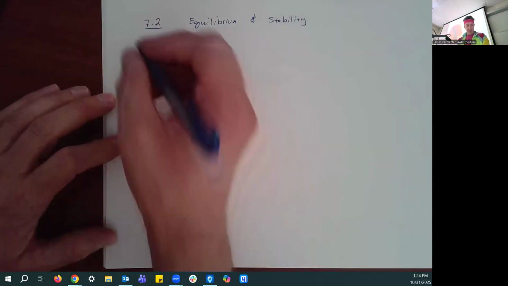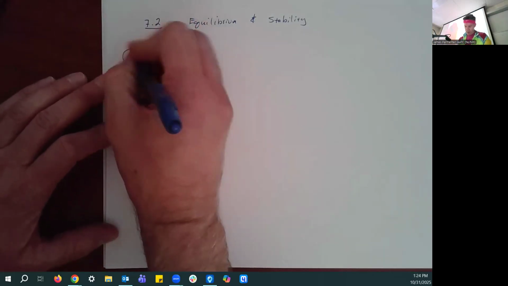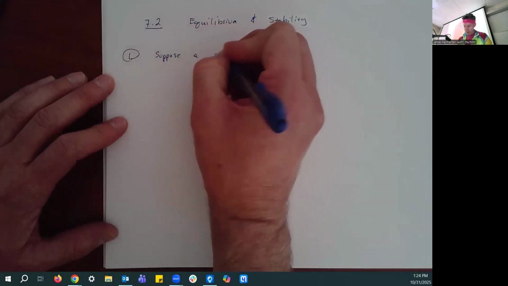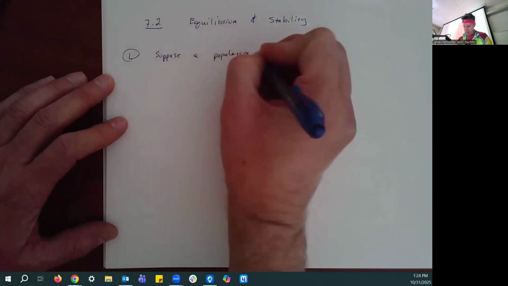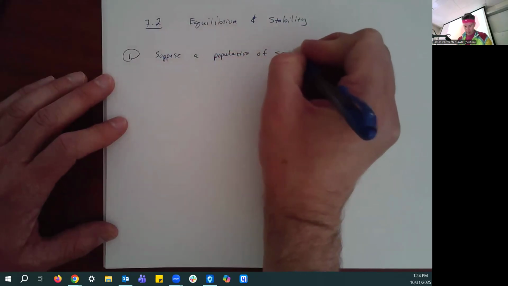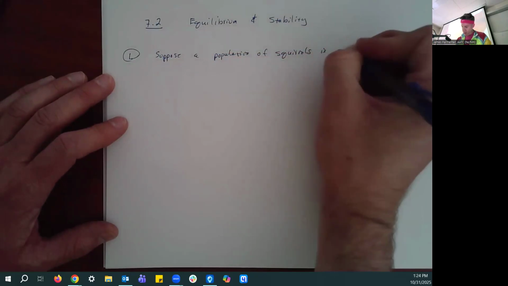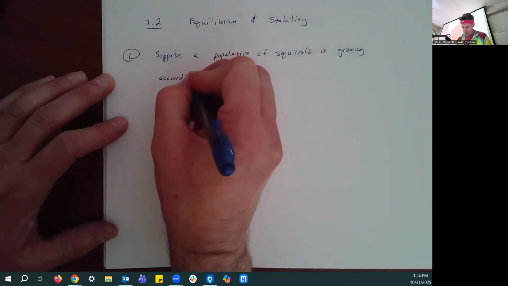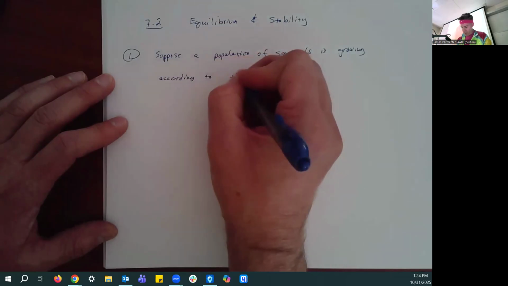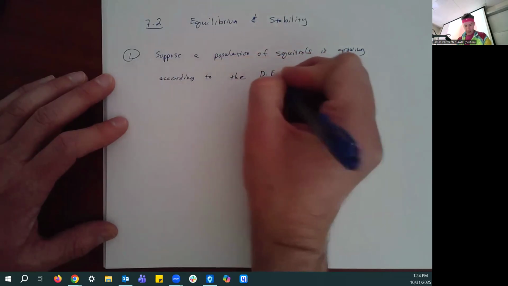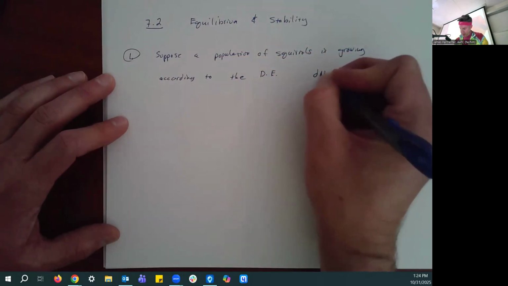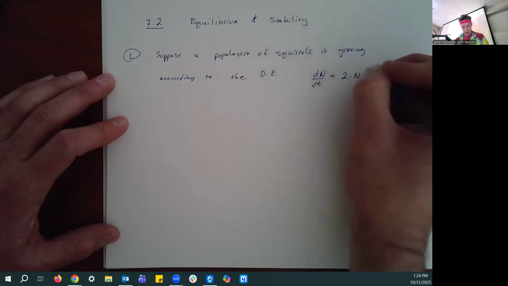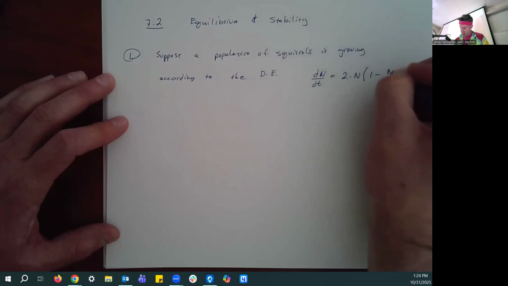All right, so let's say we have the following. Suppose a population of squirrels is growing according to the differential equation dN/dt is equal to 2 times N times (1 minus N over 1,000).